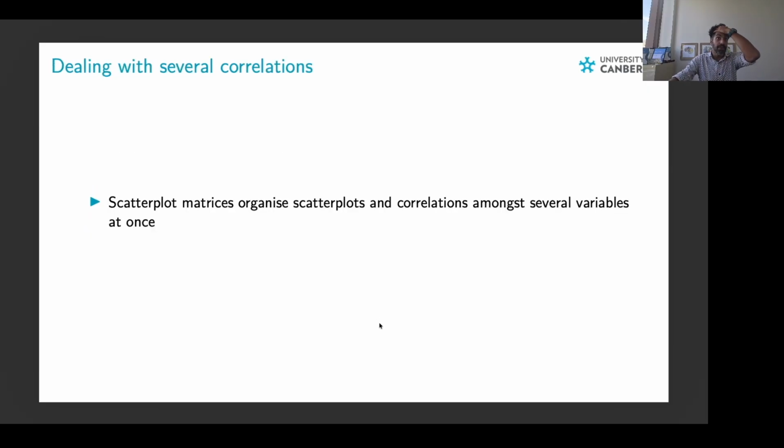So how do you deal with several correlations? Well, you can do a scatter plot matrix, which organizes scatter plots and correlations amongst several variables at once. It's a really nice way of visualizing all your data and their relationships to one another.